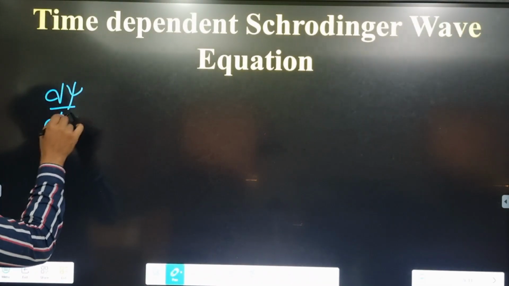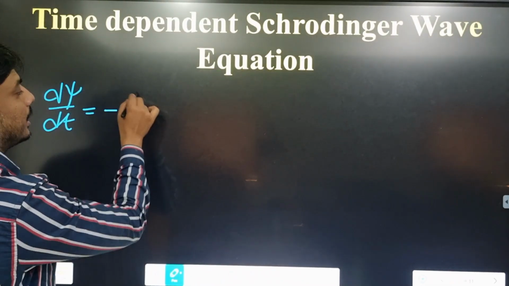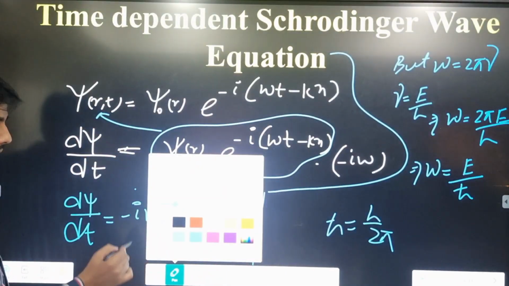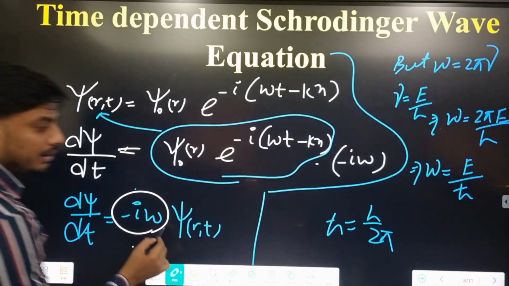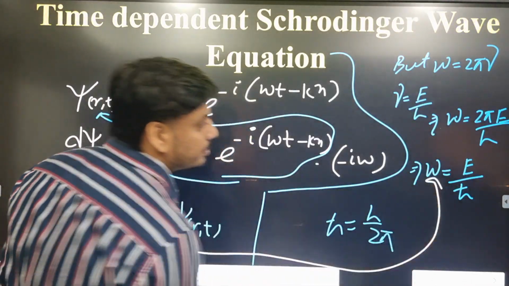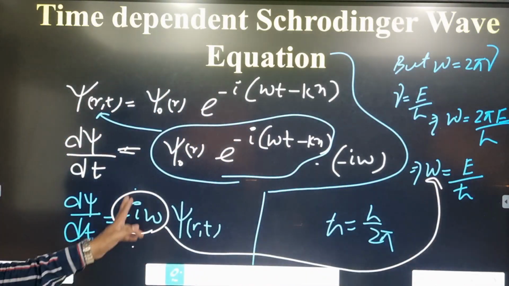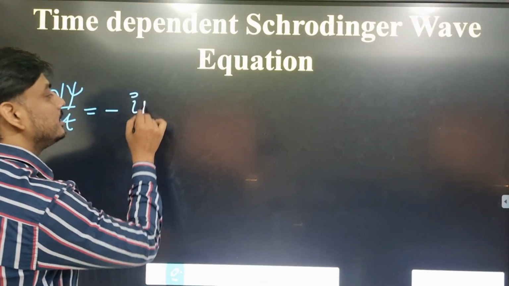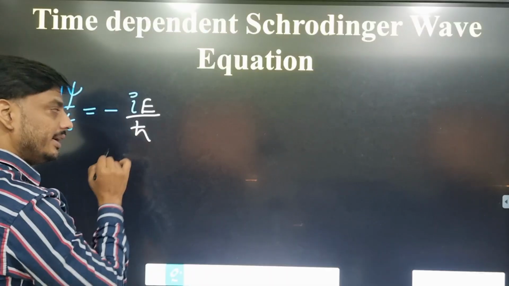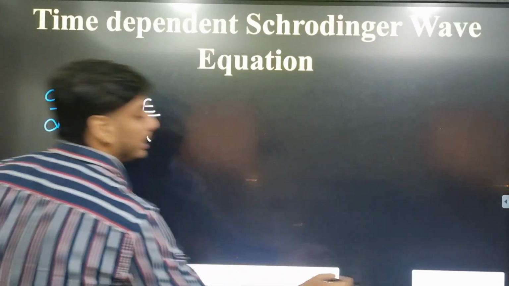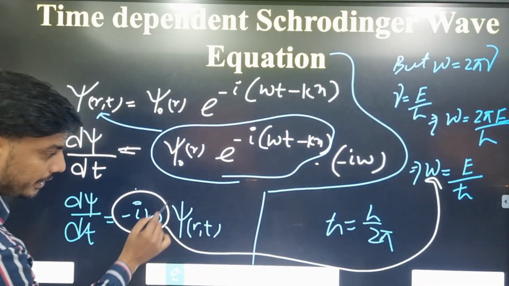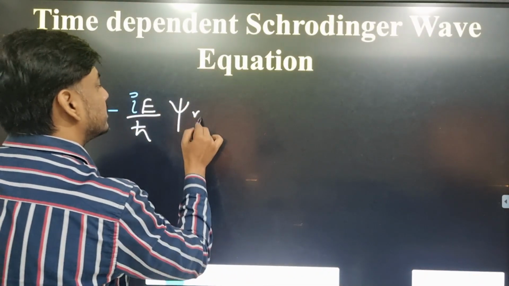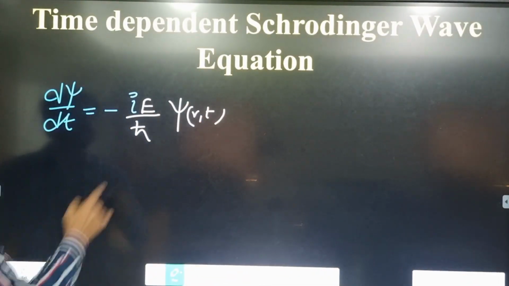So we will have d psi by dt equals minus i omega psi. In the derivative term we have minus i omega, but in place of omega we can now use this form, E by h cross. So minus i E by h cross into psi, psi function of (r,t) here.